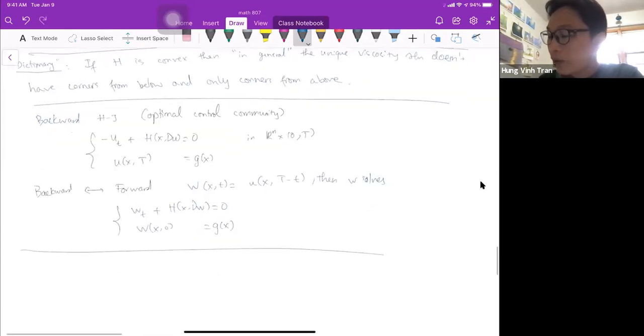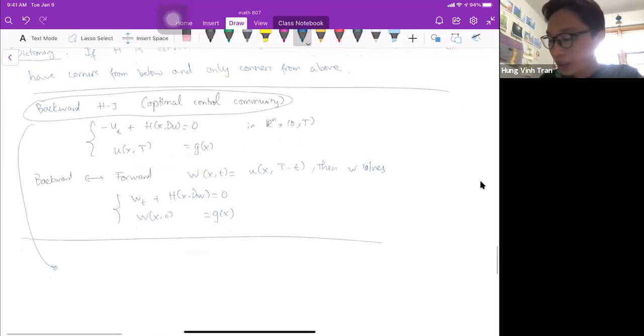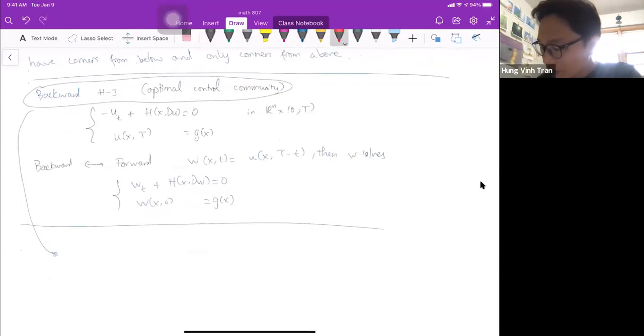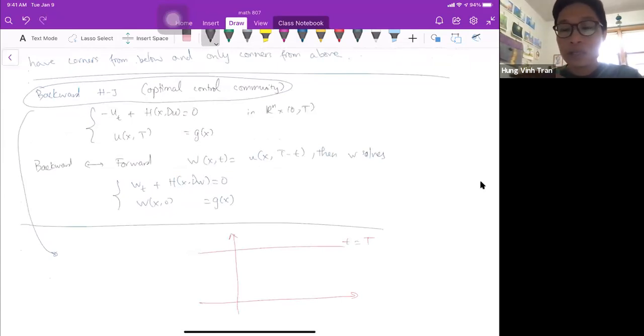Now why does the optimal control community like to write out the backward equation? The reason is interpretation only. This is time t equals T. In optimal control, normally people talk about the terminal time problem, not the initial time problem.